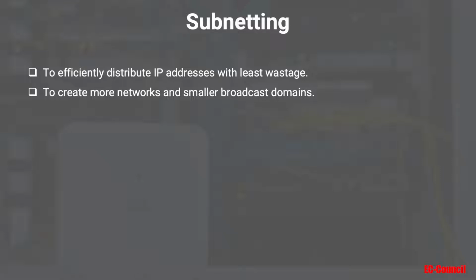Since there are only approximately 4 billion public IPv4 addresses, Internet service providers and other regional internet registries needed a way to be able to distribute IP addresses to end devices on the internet without wasting any amount of addresses. So the technique of subnetting comes in, which simply allows us to efficiently distribute IP addresses on a network without wasting too much.